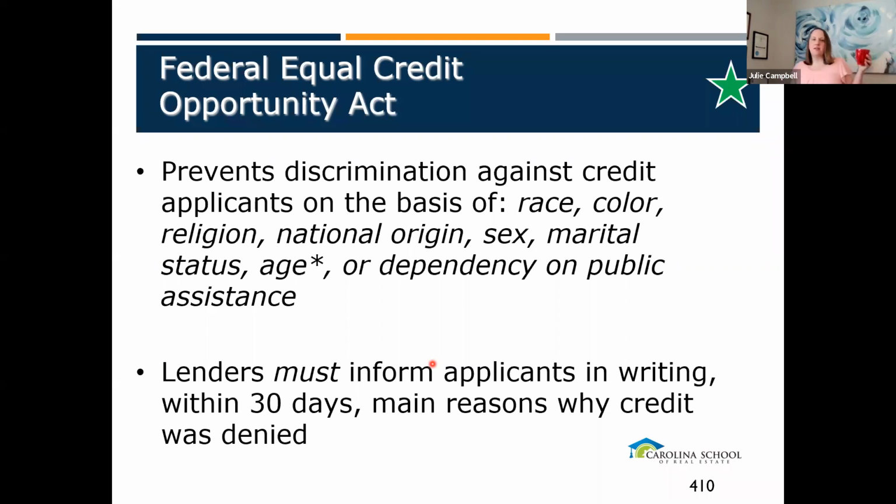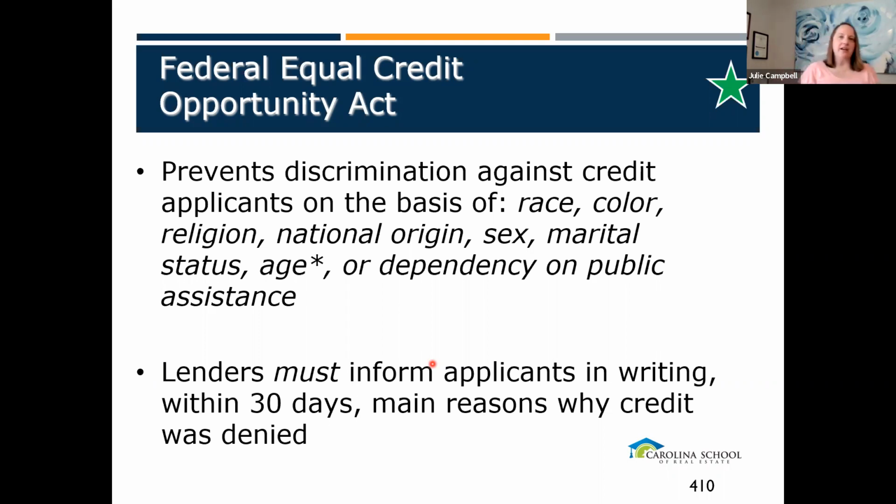The other thing that the Federal Equal Credit Opportunity Act says is that if an applicant is denied credit, if they're not going to get approval, the lender needs to inform them of why within 30 days. And the reason why they don't get that credit better not be because of one of the protected classes.